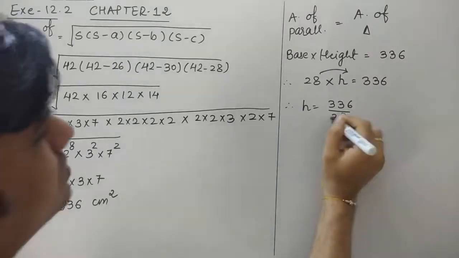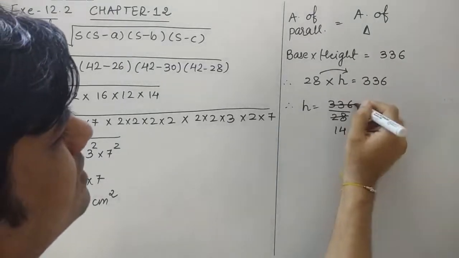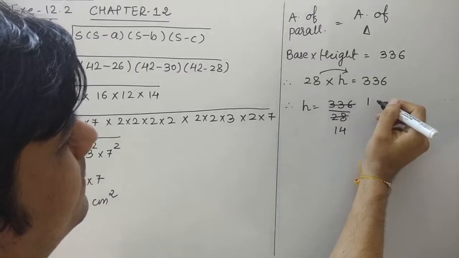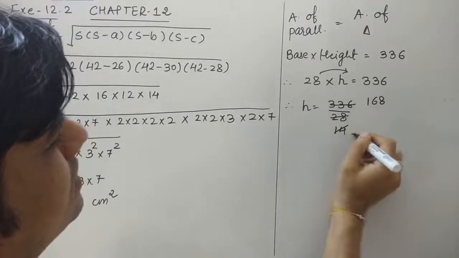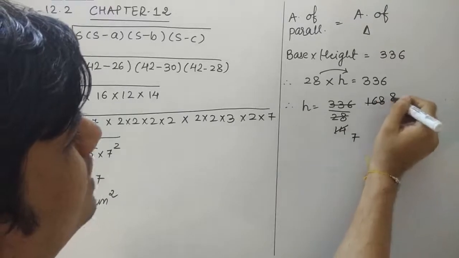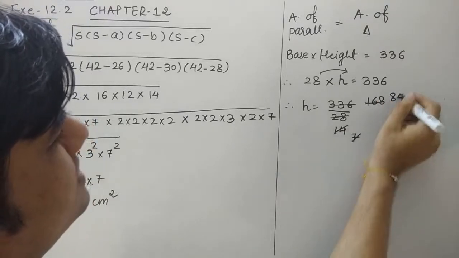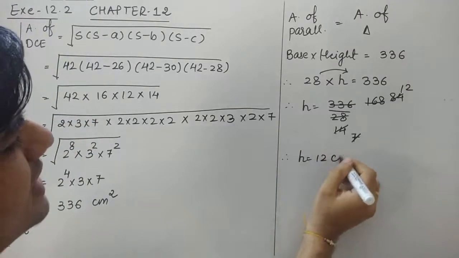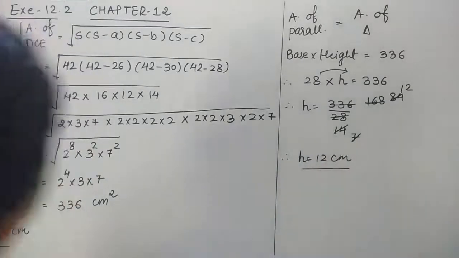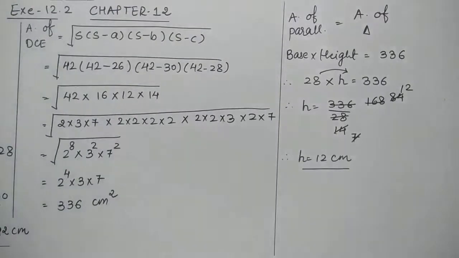I'll cut with 2. 2 14s are 28. 2 1s are 2. 2 6s are 12, so 168 divided by 14. 2 7s are 14, 2 8s are 16, 12 7s are 84. So here we'll get the answer, the height of the parallelogram, that is 12 centimeter. So it is an interesting and important question.